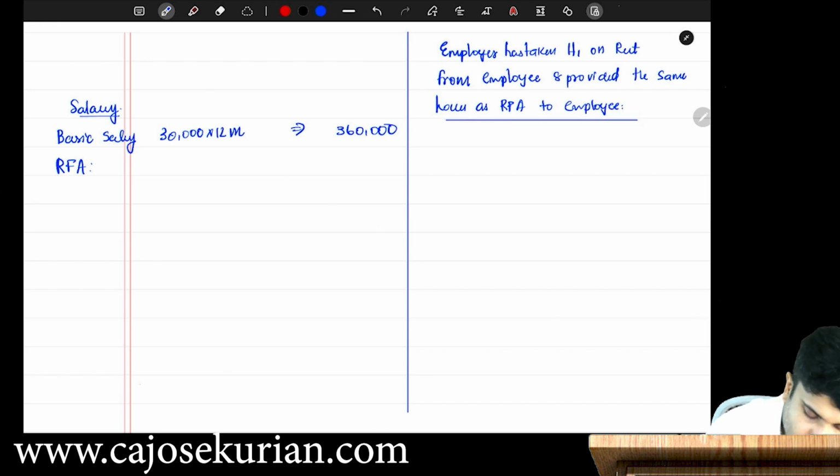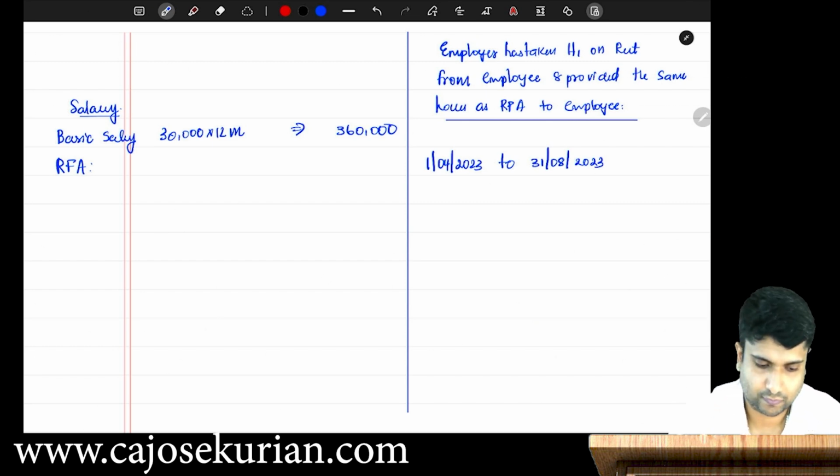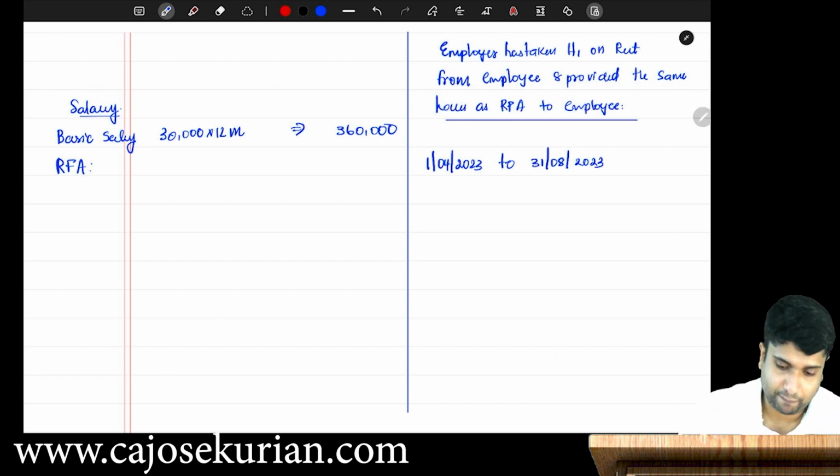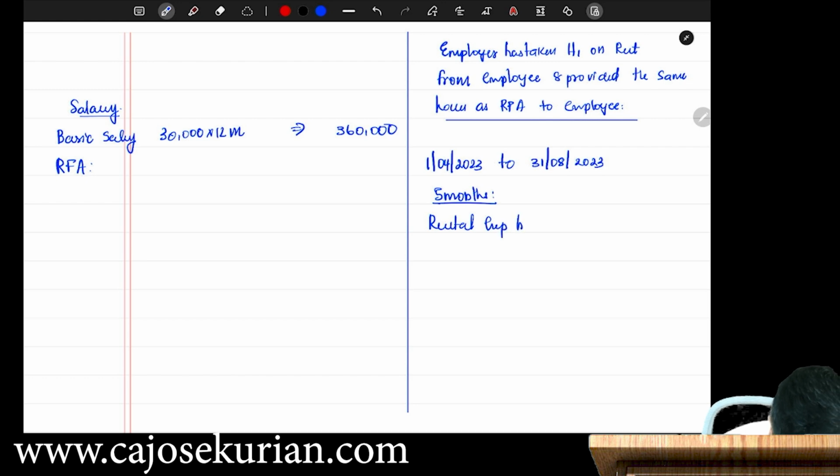So, from 1st April 2023 to 31st August 2023, how many months are there? 5 months. For 5 months, how much is the rental expenses by employer?